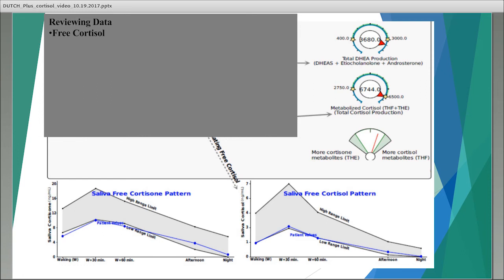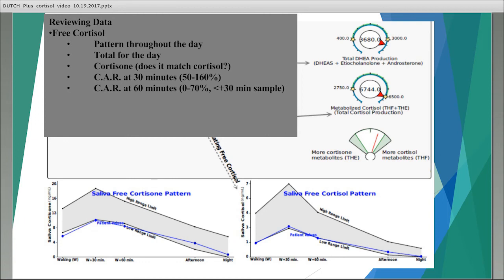So how are we going to work our way through this data? We're essentially looking for a number of different things that might lead us to conclude that someone's got overactive cortisol or HPA axis activity, or underactive or appropriate. And there are a few other areas of dysfunction we can look at. But as we work our way through it, we want to look at the free cortisol. So you can see, again, the 5 points there.